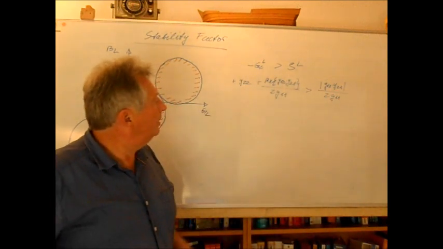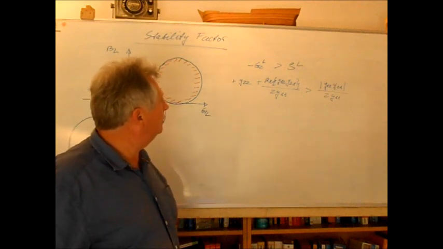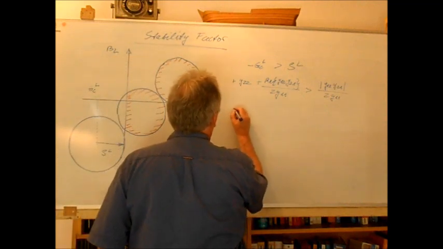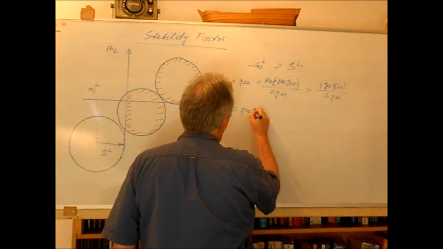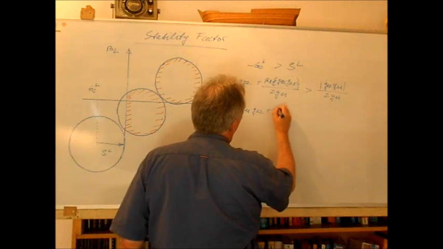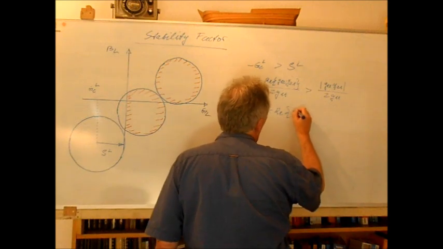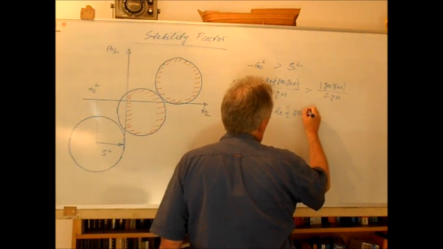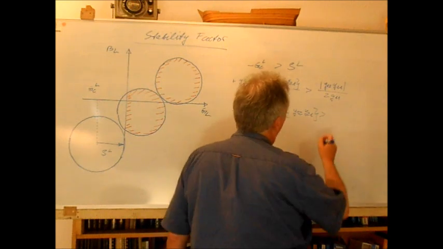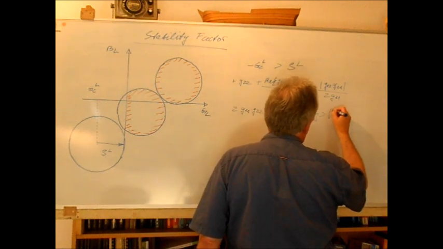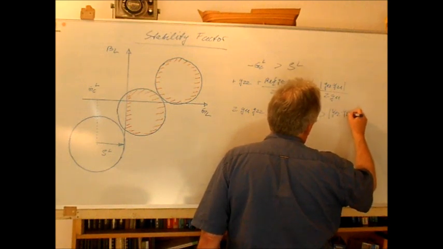As we always assume that G11 is positive, we get that 2G11 times G22 plus the real part of y12 times y21 must be greater than the absolute value of y12 times y21.